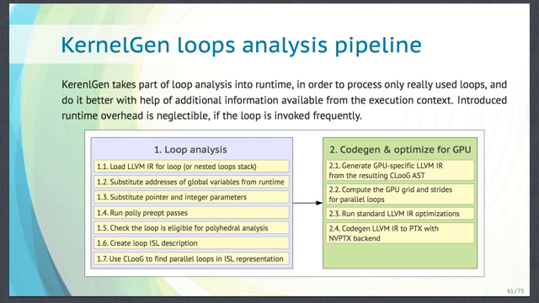But we combine these polyhedral optimization passes with substitution of global variables, pointers and integer parameters like loop dimensions, which allows us to make more reliable guesses about iteration dependencies.